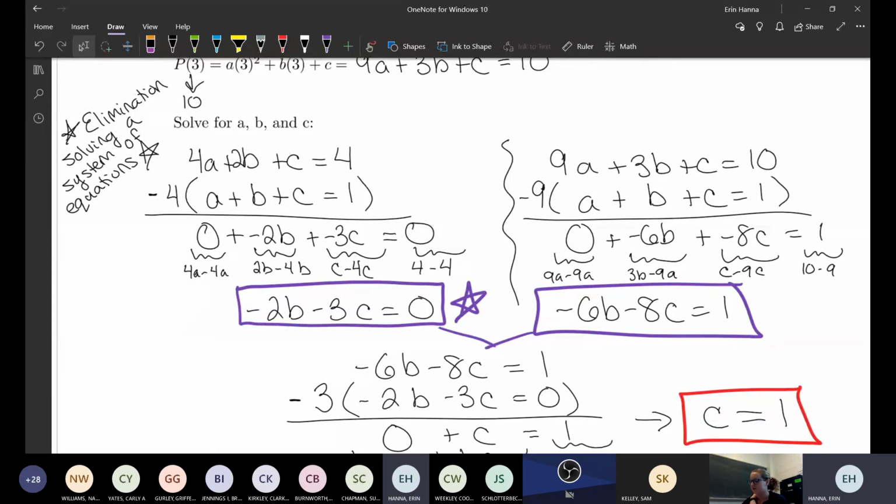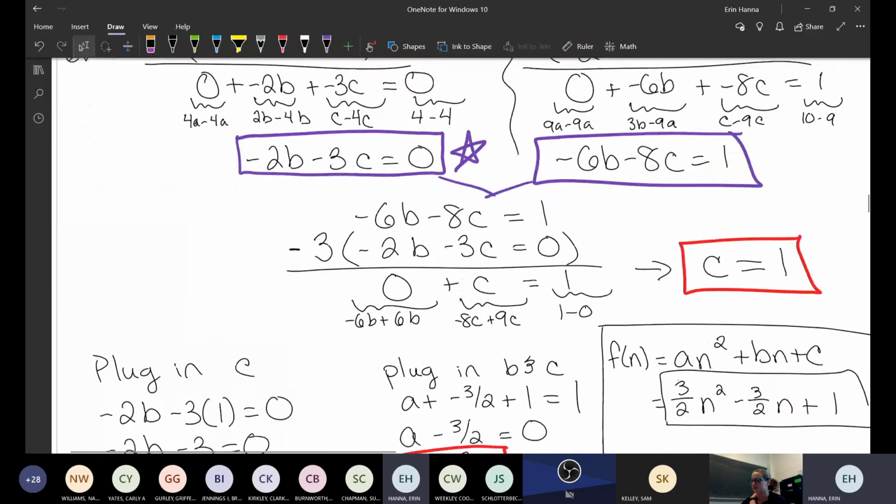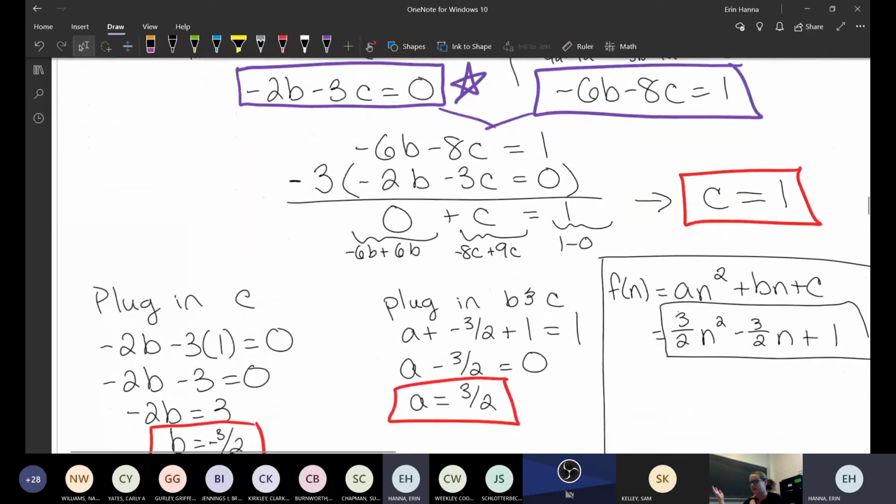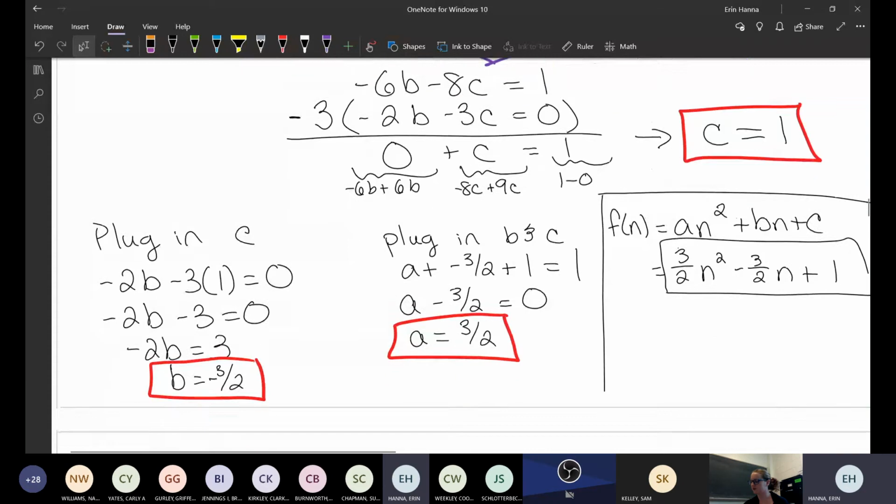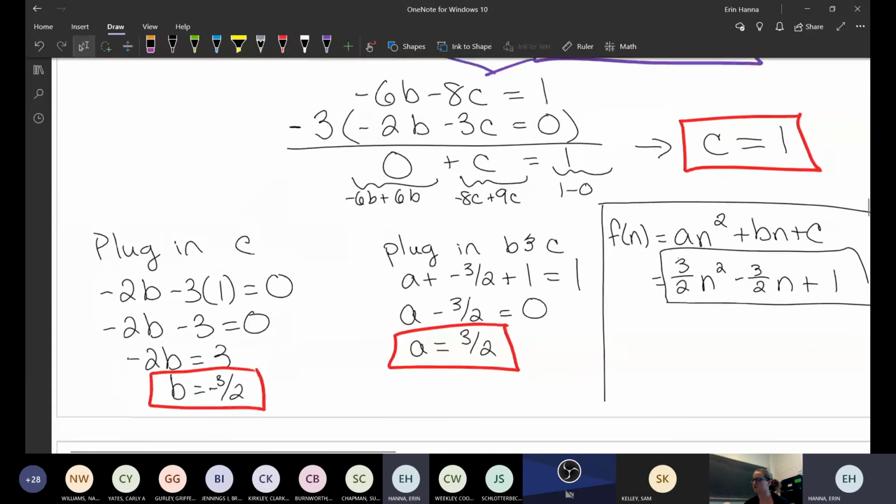We had to eliminate one of the variables in each case for 2 sets, find 2 different equations, and eliminate one more from them. We found C. Once we find one of them, we're kind of home free because then we just plug them into the equations that we had before and solve for the remaining variables, and then push it all together. Whew. That was a long one.